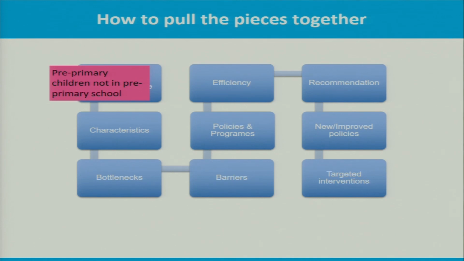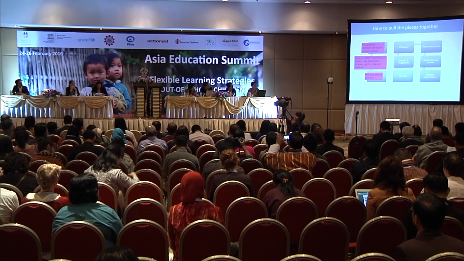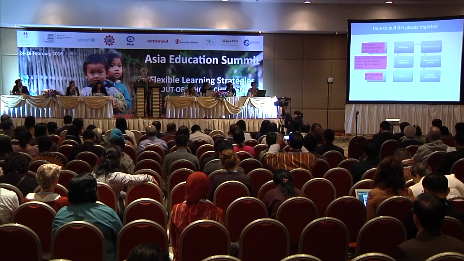Then we look at the characteristics, which would be, for example, living in urban industrialized zones, low household income, girls, migrant children. Then we move on to look at the bottlenecks. And as I said, these are indicators. So for example, when we can see there is late enrollment in grade 1, this could also be a matter of children not being ready or not being perceived to be ready, which feeds back to the pre-primary.